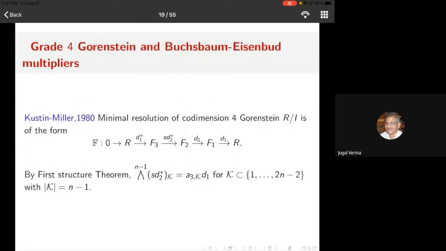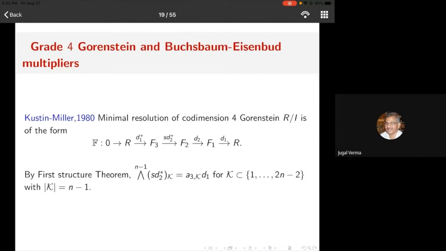So let's now relate the first structure theorem and the resolution: the relation between the differentials of the codimension 4 Gorenstein ring and the Buchsbaum-Eisenbud multiplier. How can we relate that?